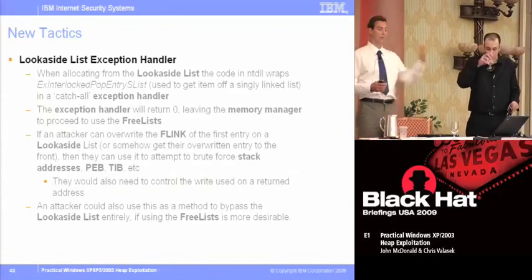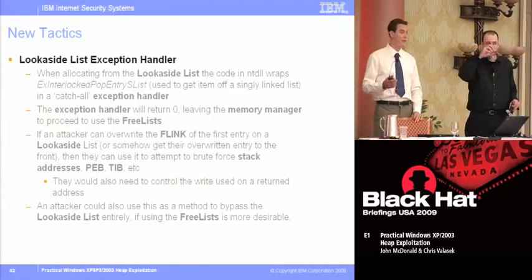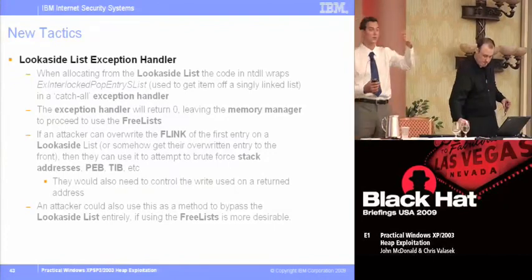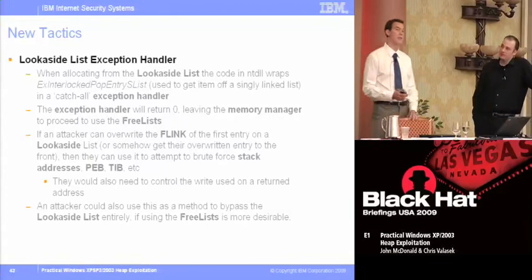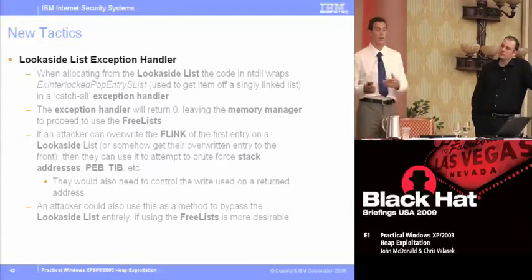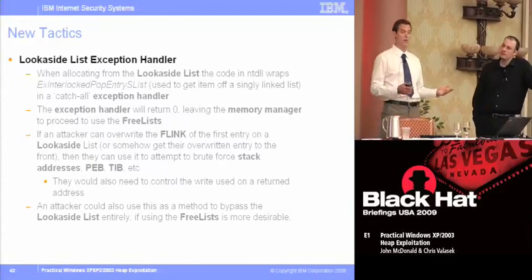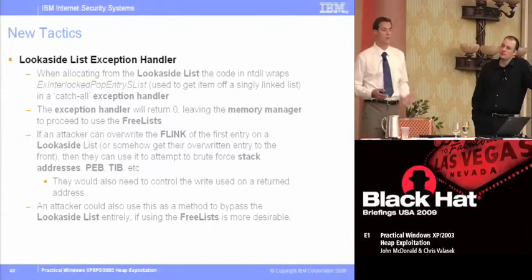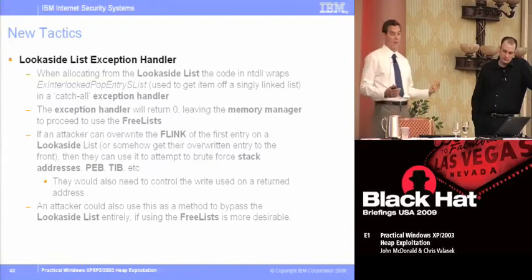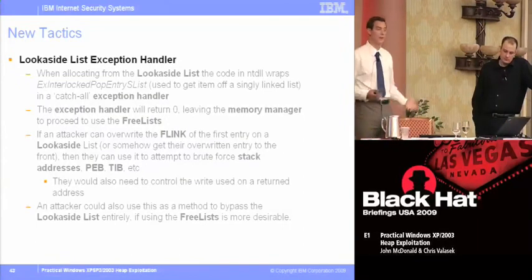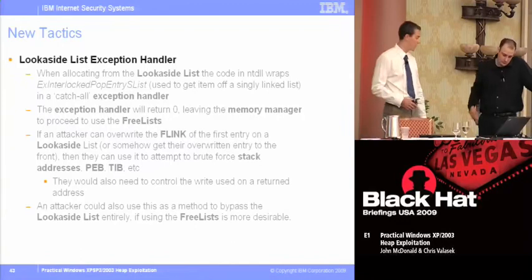Guess a bunch of PEB locking routine addresses and populate those in subsequent look-aside lists. Then make allocations for those sizes. If the look-aside list fails, you're going to get your memory from the free list. No harm done. You write whatever. Now, if it succeeds, which is it found the PEB locking routine, you get it back, and then you overwrite the locking routine, and it's just like old times where you can get code execution that way.